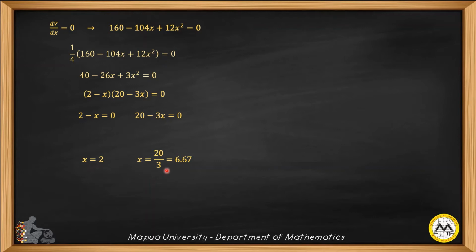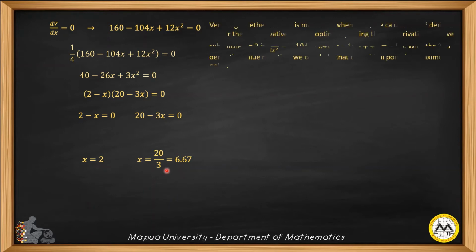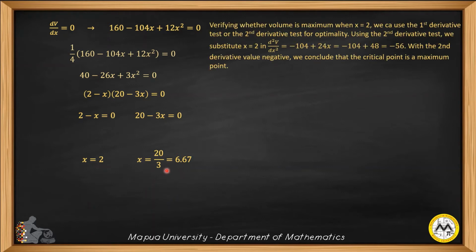We can verify that using either the first derivative or the second derivative test. Here we're illustrating the use of the second derivative test to verify whether we obtain a maximum or minimum value of the volume at x equal to 2.